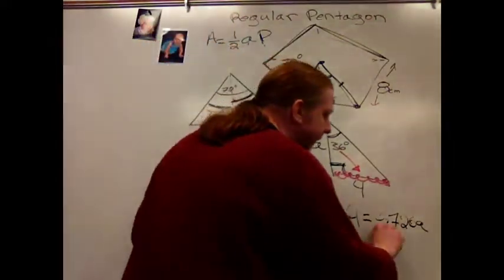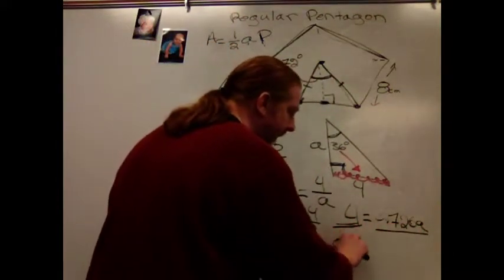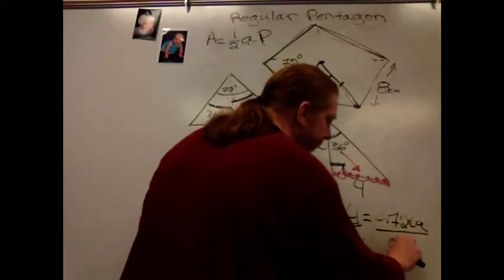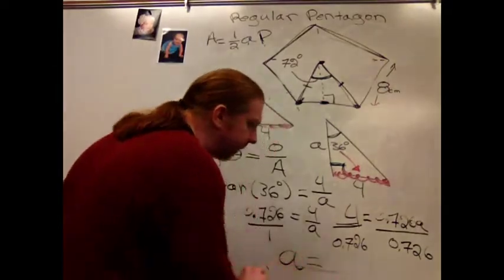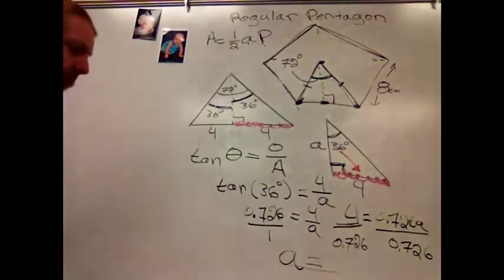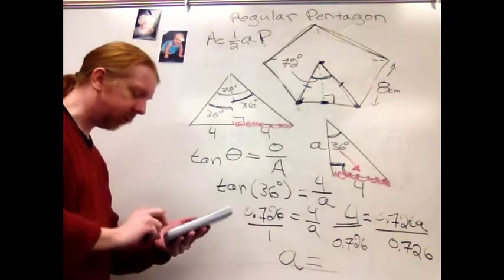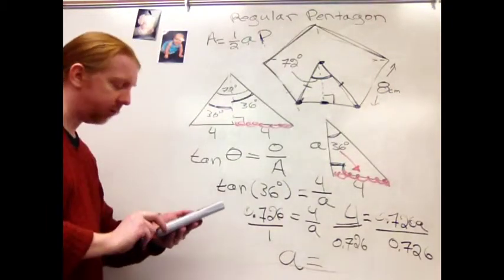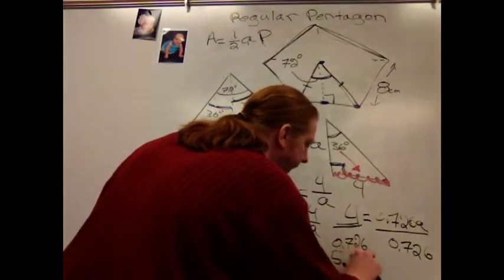To get the A by itself, I'm going to divide. And that gets me an answer. The apothem is going to equal, let's find out what it does equal. 4 divided by 0.726 gives me an answer of 5.5.